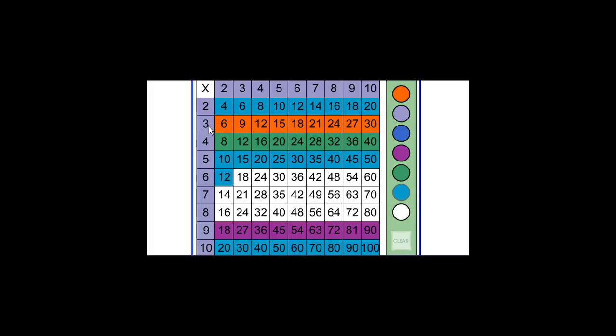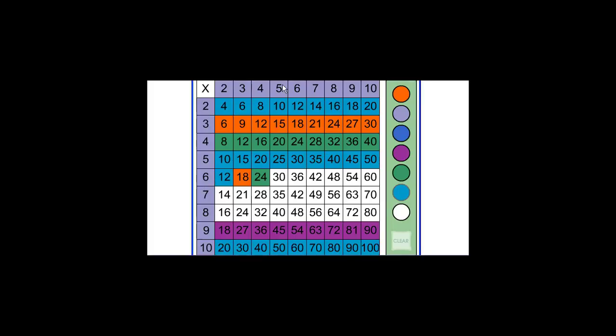When you learned your 3's, you found that 3 times 6 is 18. That means 6 times 3 must also be 18. When you learned your 4 times table, you found that 4 times 6 equals 24. So that means 6 times 4 must also equal 24. And when you learned your 5 times table, you found that 5 times 6 equals 30.